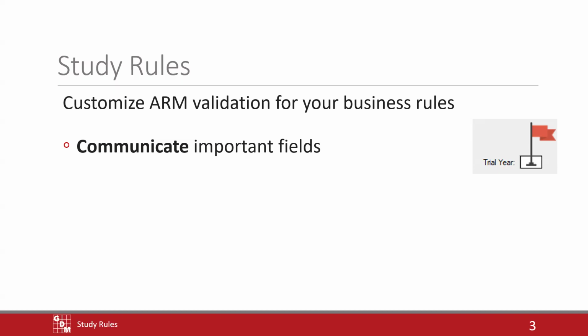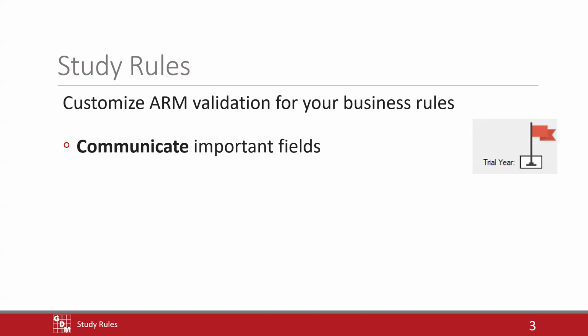What are those things we really need to have filled in? Or from just a trialist standpoint, what are the things I always want to make sure to provide the most value and the best documentation of the trials? What things do I want to always be sure that I'm filling in?